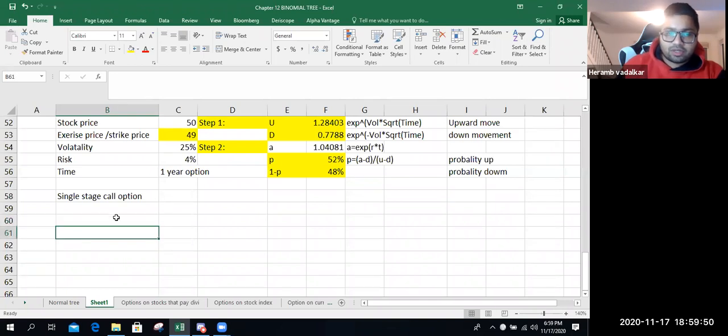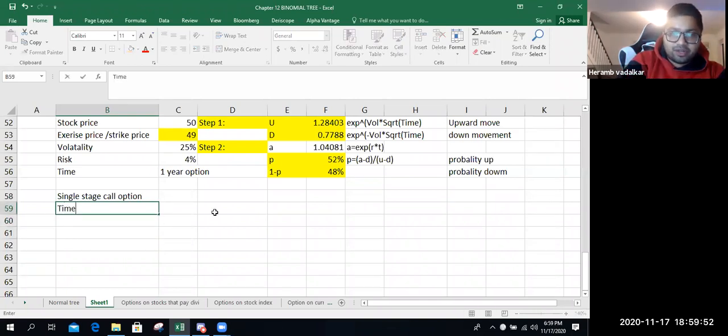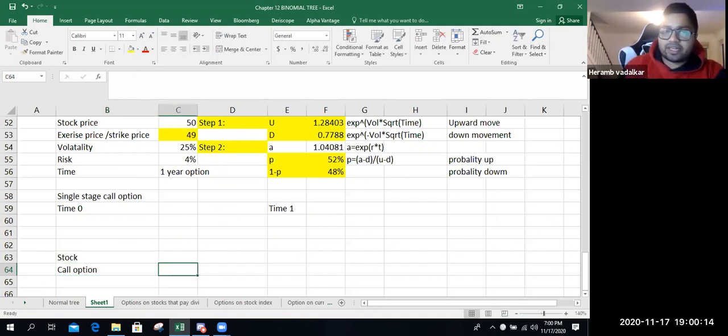So always start with time 0 and time 1. At time 0, we need stock and call option price.